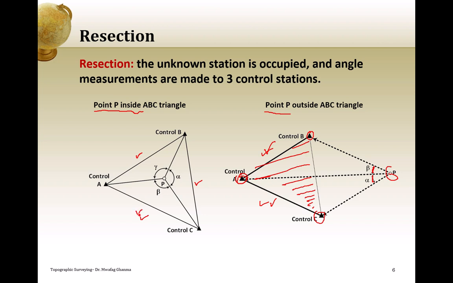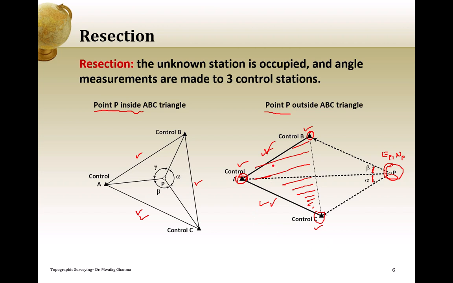So in the solution, either you will put the distances or you do not put the distances, because 3 control points are enough for determining the azimuth, the direction of the orientation of the network, and the location of the network. So in its simplest configuration, we will have an unknown easting and northing of point P, and we have, of course, known easting and northing of A, known easting and northing of B, known easting and northing of C. So we have a total of 4 stations, 3 are control stations.